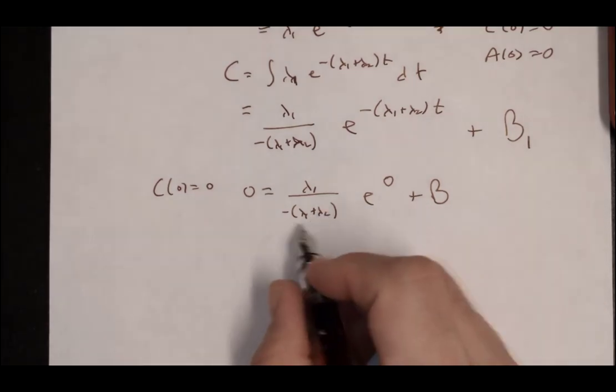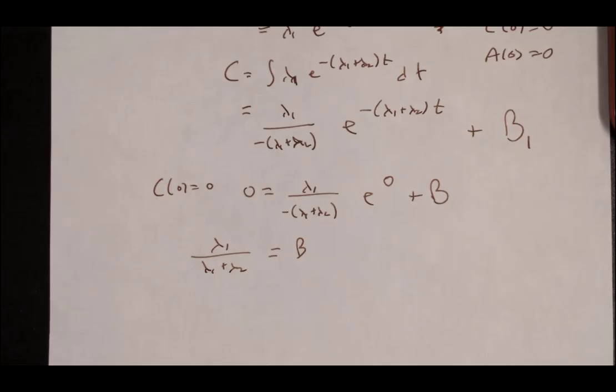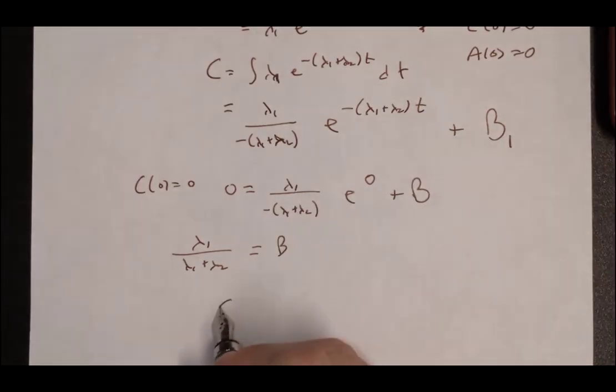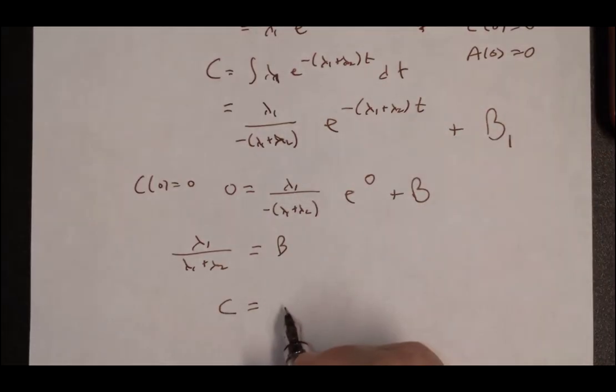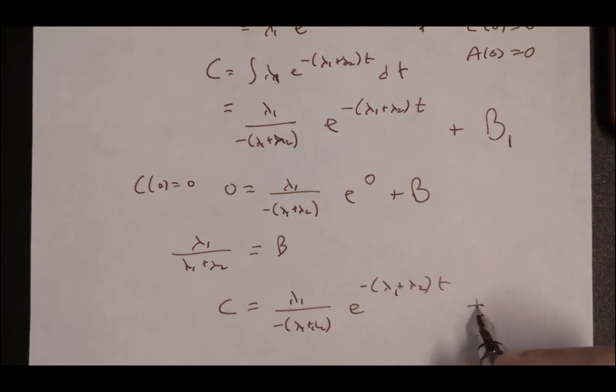So that means that b, as I move this constant to the other side, is lambda 1 over lambda 1 plus lambda 2. Put that back in here, and I get C equals negative lambda 1 over lambda 1 plus lambda 2 times e to the negative number, plus lambda 1 over lambda 1 plus lambda 2.